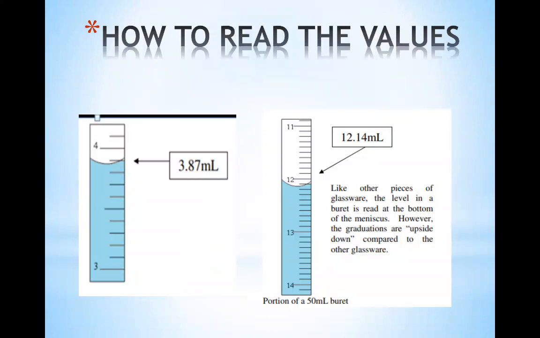Now, this is something very important: how to read the values. This is very important because you have to see where you're putting your eye to see the value. Like other pieces of glassware, the level in the burette is read at the bottom of the meniscus. However, the graduations are upside down compared to the other glassware.